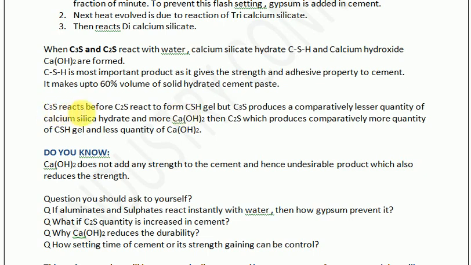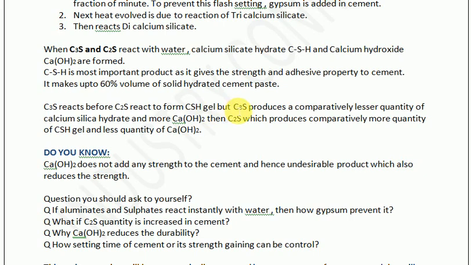Tricalcium silicate reacts before the dicalcium silicate. As we have already studied, dicalcium silicate is the last chemical. Now what happens? They react to form CSH gel. First the tricalcium silicate reacts and then the dicalcium silicate reacts, and both form the CSH gel.